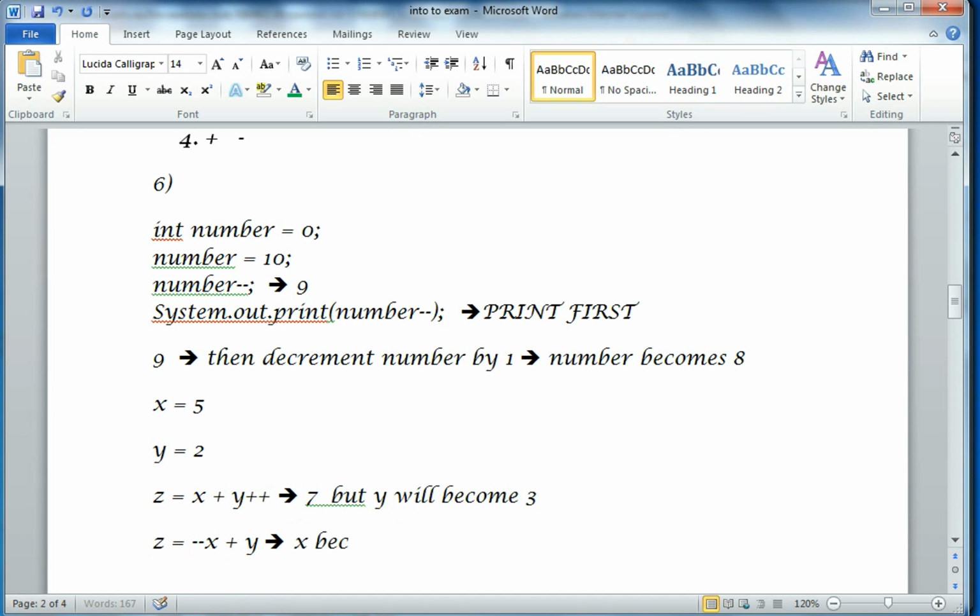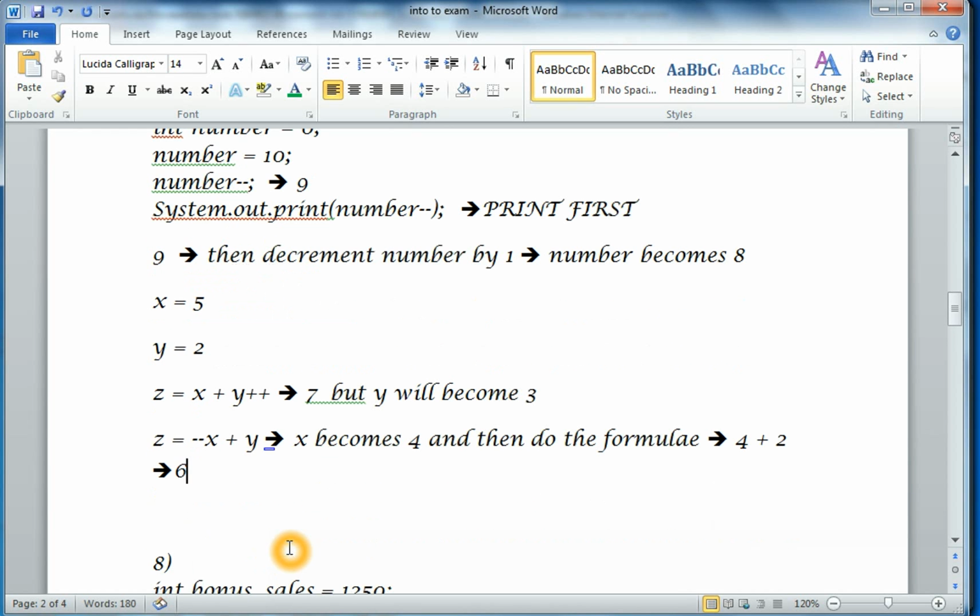Therefore x becomes 4, and then do the formula, which is 4 plus 2. So you've got 4 plus 2, which is equal to 6, right? So that's how you work out that answer.